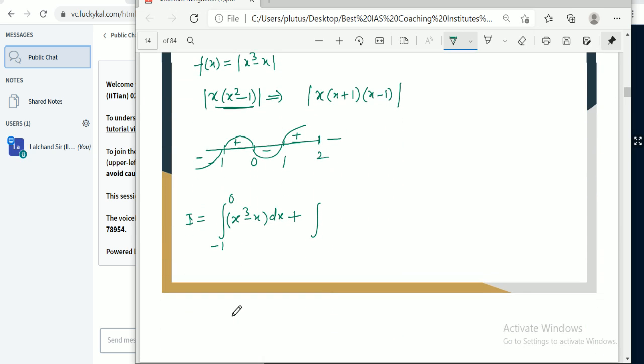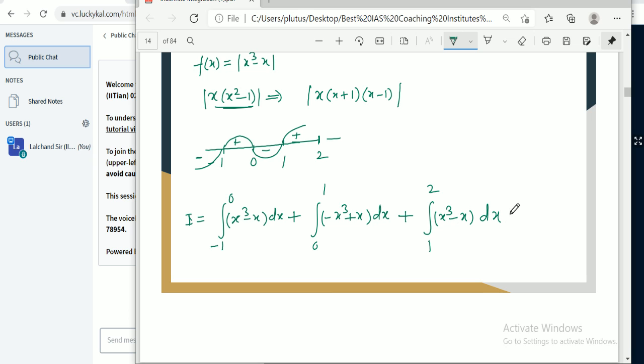So that will be minus x cube plus x dx, from 0 to 1. Then again the sign of this equation in interval 1 to 2 is positive, so we can directly open this mod, and write 1 to 2, x cube minus x dx.